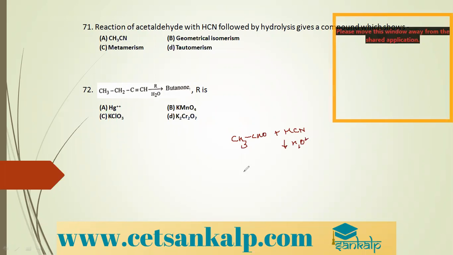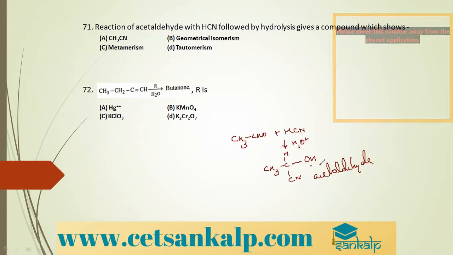So entirely I'll write the final product: CH3C, here I have H and here I have CN. This is called acetaldehyde cyanohydrin. So what type of isomerism does it show?